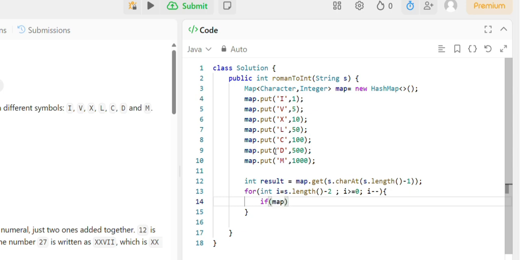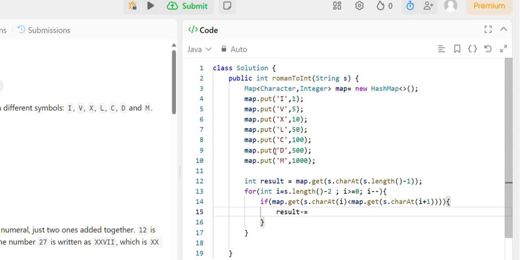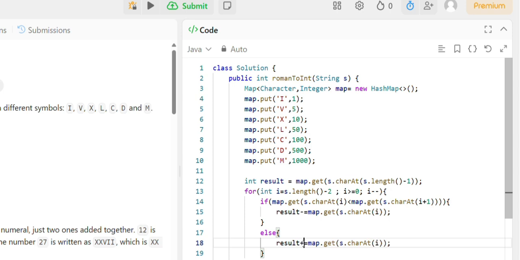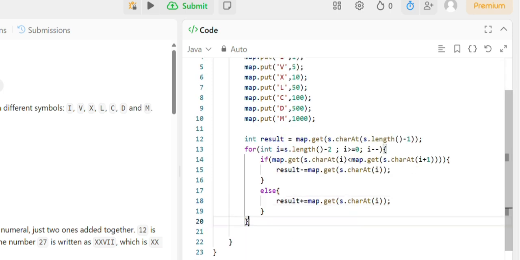So if map.get of s.charAt of i is less than map.get of s.charAt of i plus 1, which means the next one, then I need to subtract from my result: result minus equals map.get of s.charAt of i. Else, I have to add it, so I'll take the same statement and put it here, but it should not subtract, it needs to add. And I have to return my result.